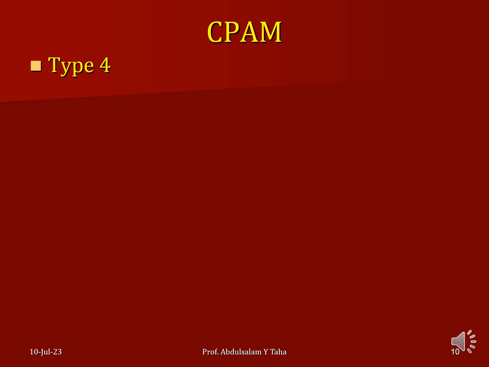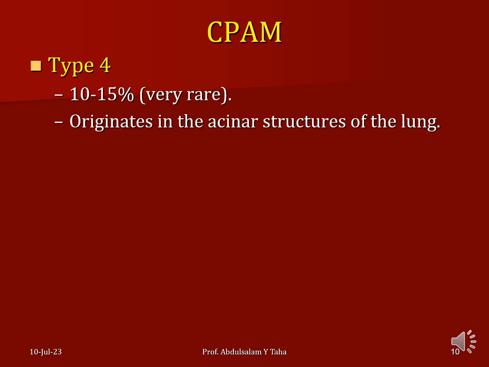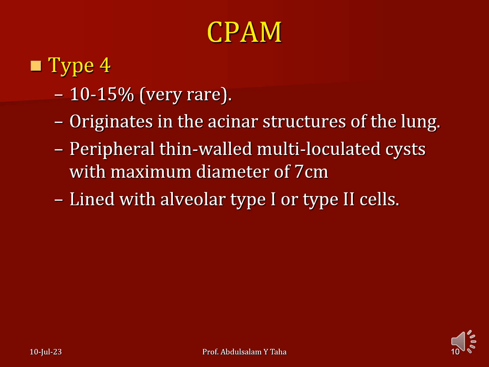Type 4 of CPAM accounts for 10 to 15% of the cases, therefore it is considered very rare. It originates in the acinar structures of the lung, resulting in peripheral thin-walled multiloculated cysts with a maximum diameter of 7 centimeters, lined with alveolar type 1 or type 2 cells.